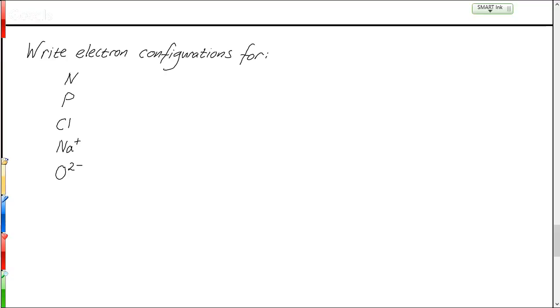You can use the boxes, you can use the levels, you can just use the letters and numbers. Ultimately land on the letters and numbers, but whatever you need to do to get there is fine. And when you've got configurations, show the people around you, see if you've got the same ones, and if not, talk about what the differences might be.